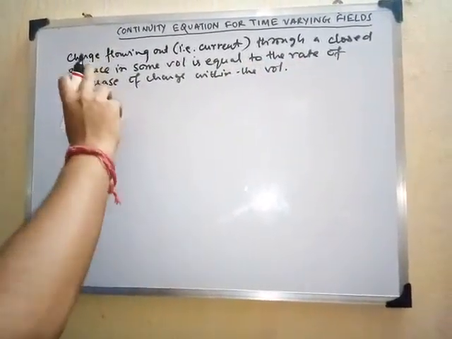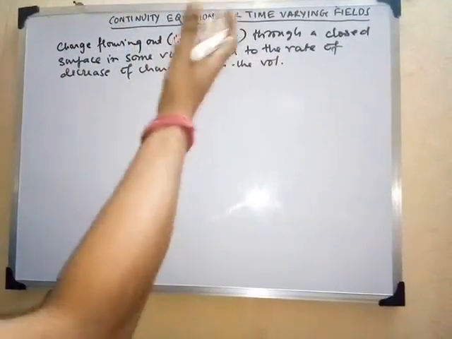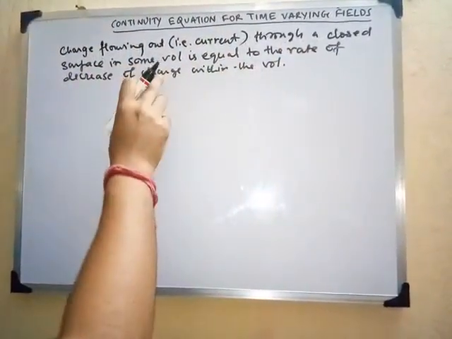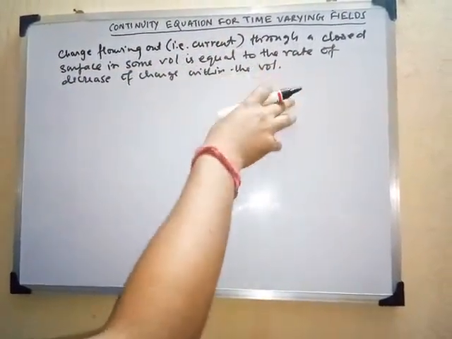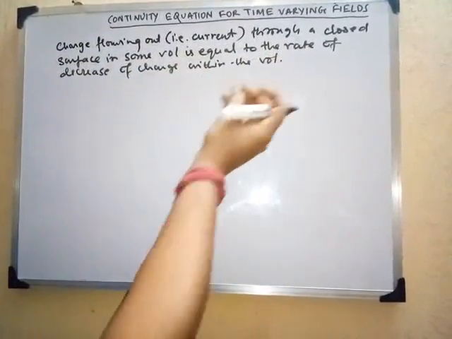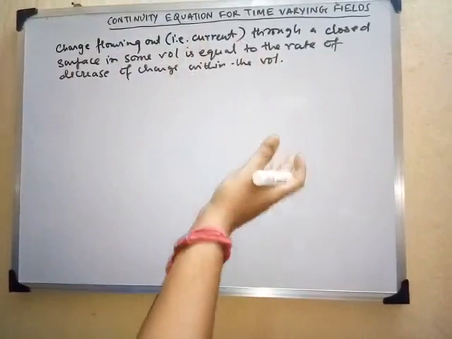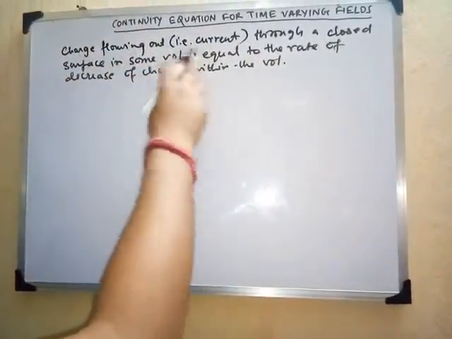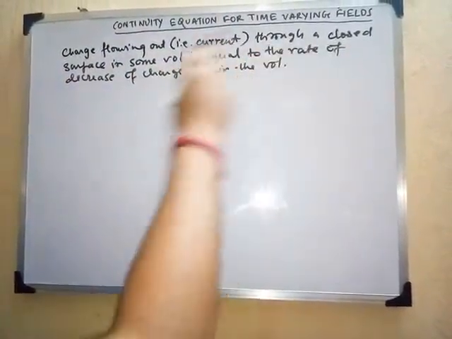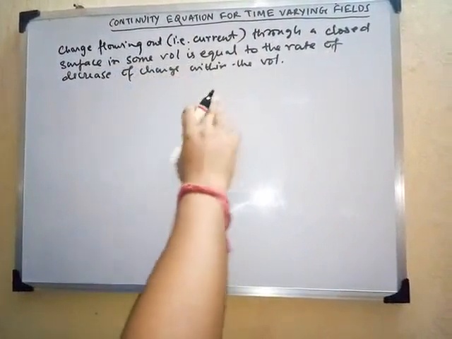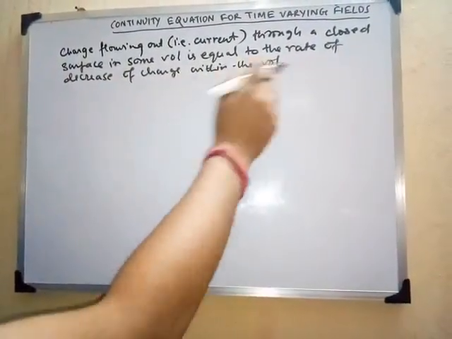You can see that the amount of charge flowing out from a closed surface will be equal to the rate of decrease. I mean the charge which is going out, certainly that amount of charge will be lost or reduced. So charge flowing out through any closed surface in some volume is equal to the rate of decrease of charge within that volume.